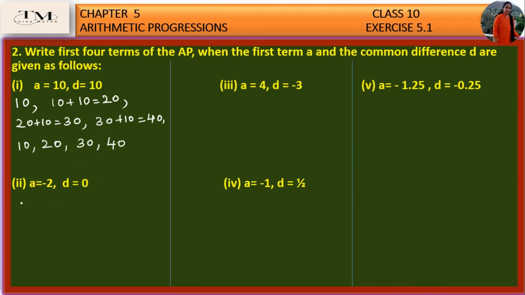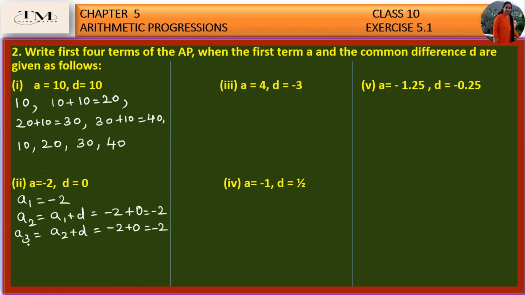Second problem, here A is equal to minus 2, D is equal to 0. Write A1, the first term, which is A, minus 2. A2 is nothing but A1 plus D, minus 2 plus 0, which is minus 2. A3 will be A2 plus D. A2 is minus 2, D is 0, so minus 2.